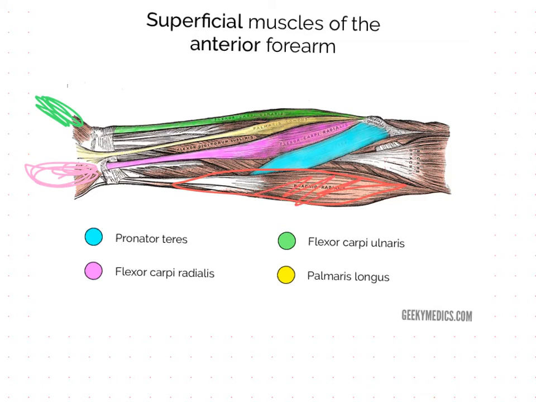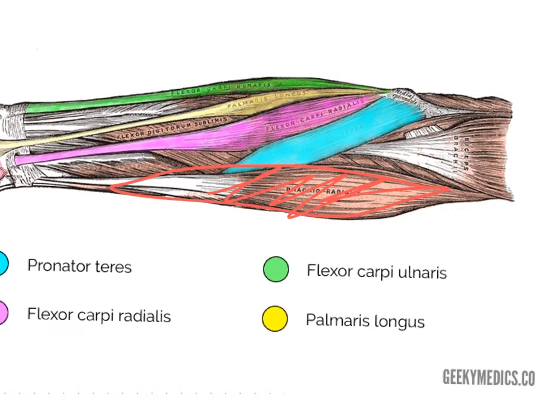Now, it just seems like a lot of unfamiliar words, but the names actually have a lot of clues to where they're located. So let's first start off with the brachioradialis, right here in the red. This is the biggest muscle in the superficial compartment, and it's basically over the radius bone.